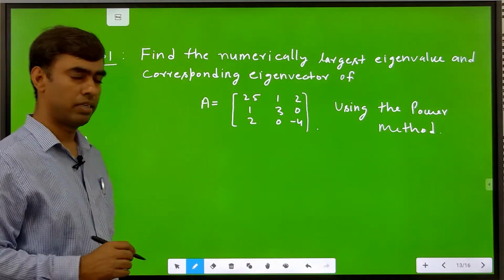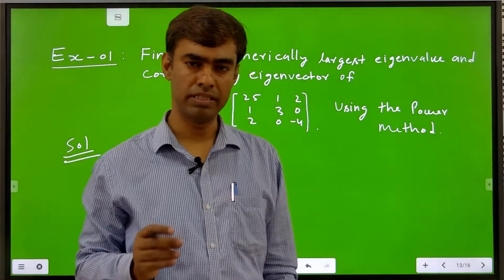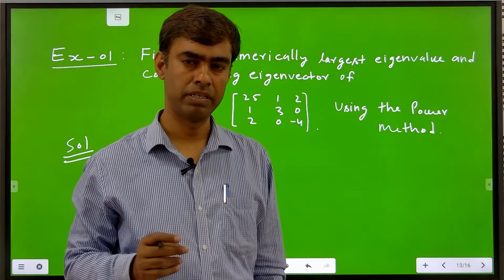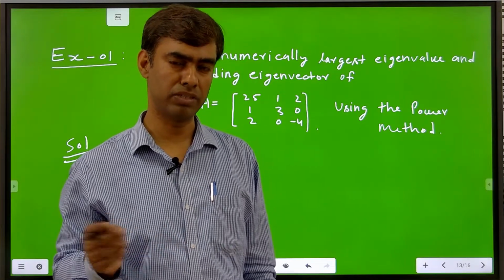So, as we discussed in a previous lecture, first of all we consider one arbitrary eigenvector, which is not orthogonal to x1.